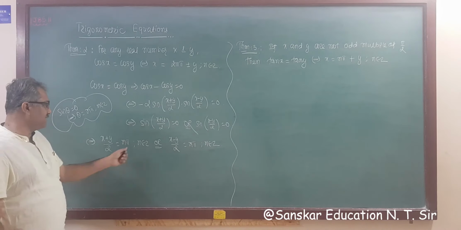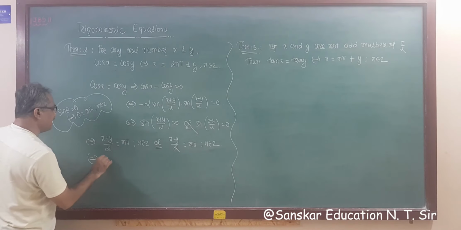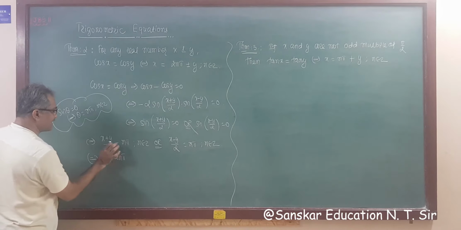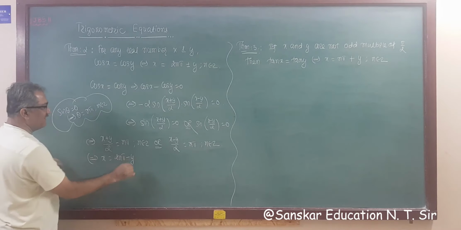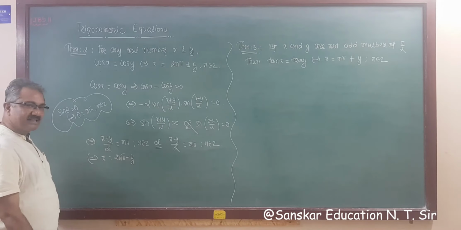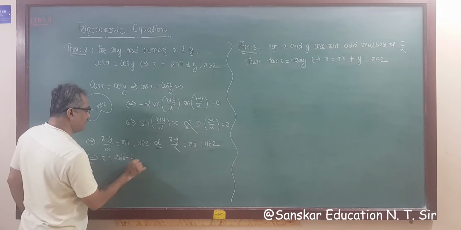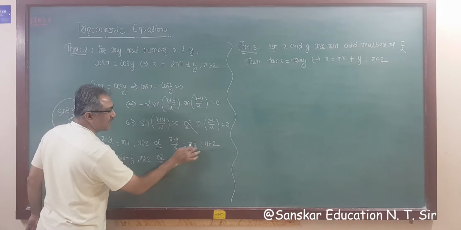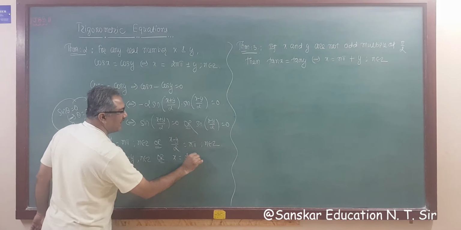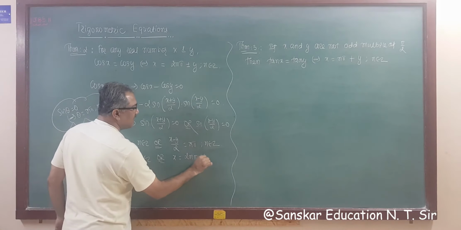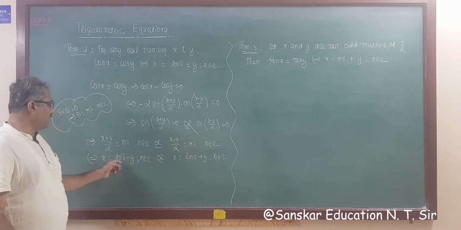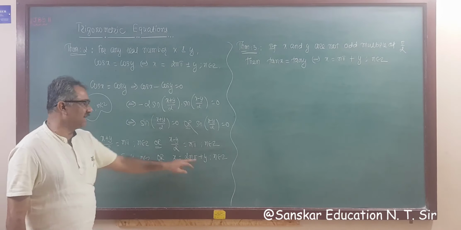Now multiplying by 2, what we get is x plus y is equal to twice n pi, taking y to the right hand side, and n belongs to Z, or x minus y is equal to twice n pi, and taking y becomes plus, n belongs to Z. So the combination of these two is twice n pi, either plus or minus.